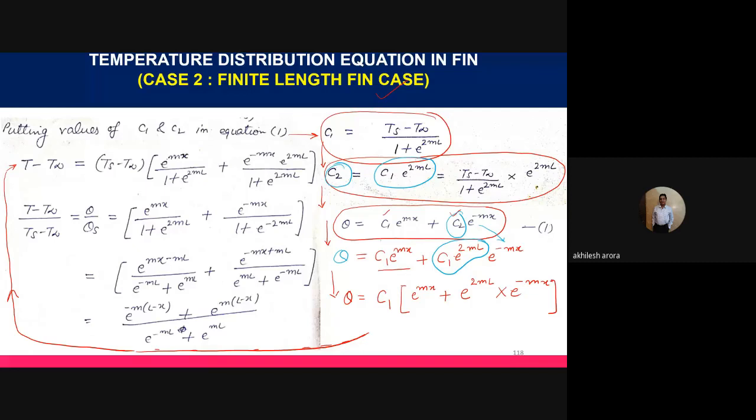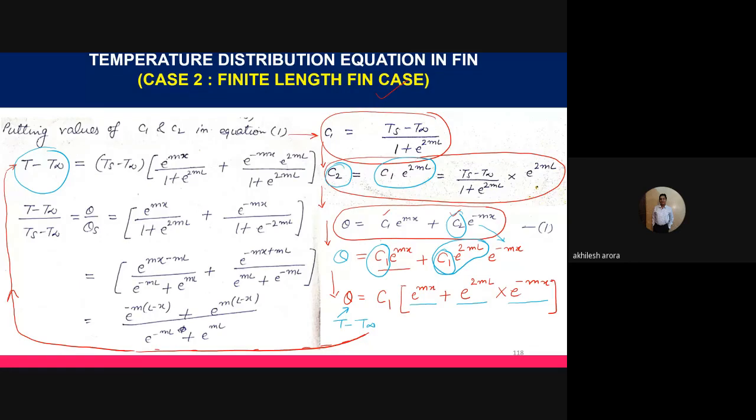Once again I can take this c1 as common from both the terms, and I get e raised to power mx plus e raised to power 2ml into e raised to power minus mx. Now this theta is actually T minus T infinity. So I go back to here, T minus T infinity.